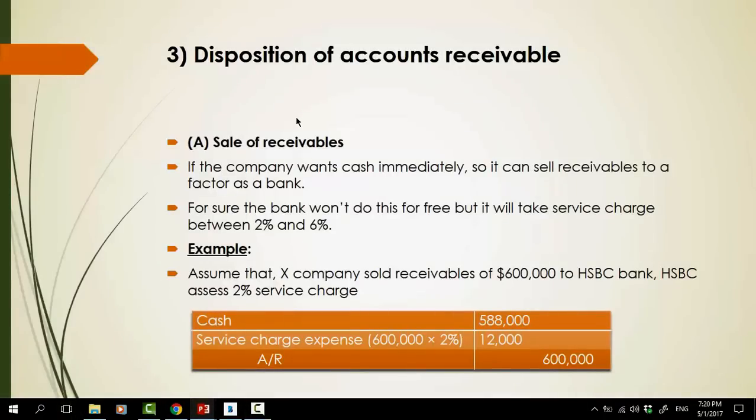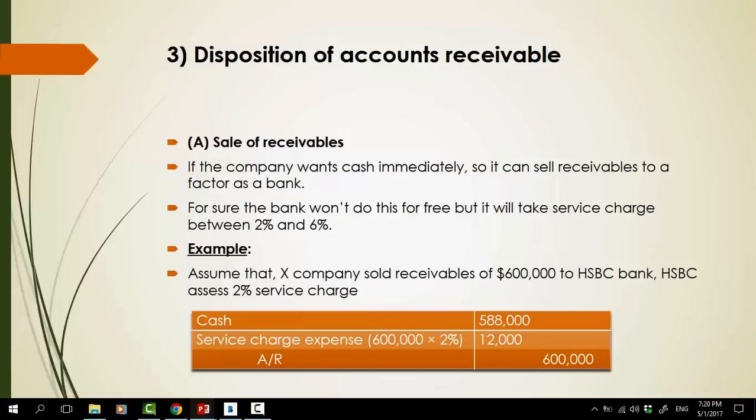The third and final part of this chapter is the disposition of accounts receivable. Disposition means that we want our money immediately and we will not wait until the due time of the accounts receivable.